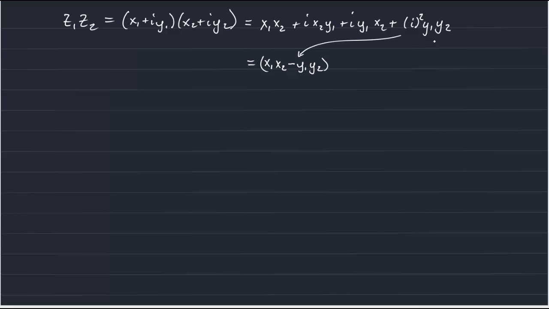This term becomes real when we square i, so that our real part is this, and then our imaginary part is x1 y2 plus y1 x2.